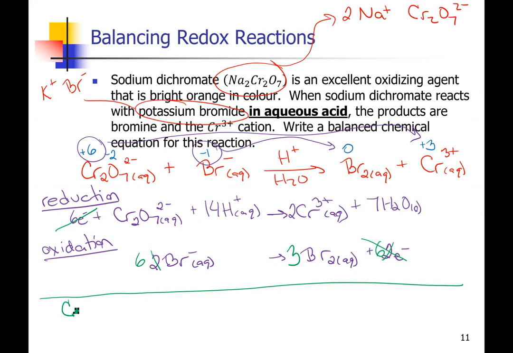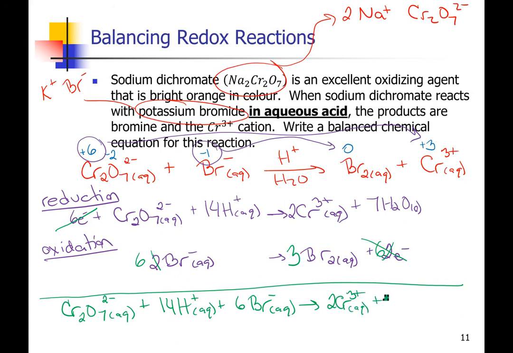So that's going to give us a dichromate ion reacting with 14 solvated protons and 6 bromide ions to give 2 chromium 3 cations, 7 water molecules, and 3 bromine molecules.